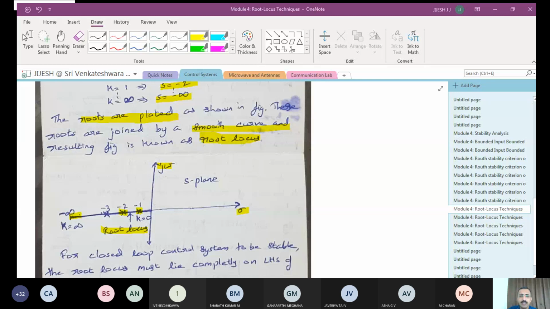So the system will be stable. That is what you are going to see in the root locus. You are going to plot the graph, but there will be many steps for you to do before the plot, and once you plot it, you are going to see whether the system is stable, unstable, marginally stable and all those things.